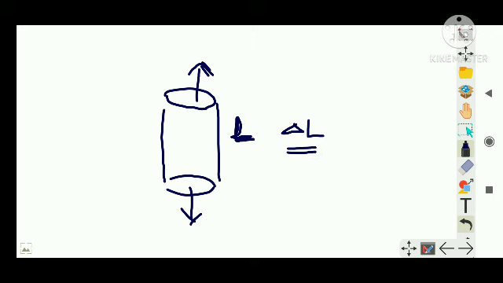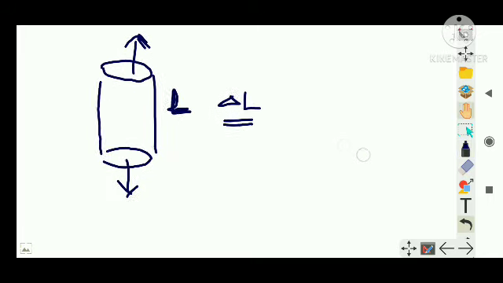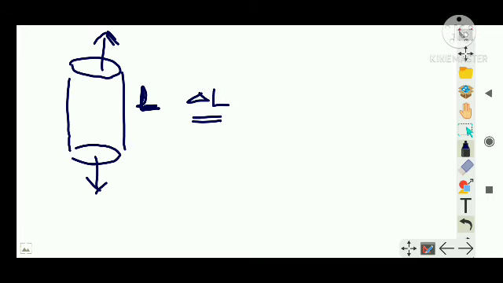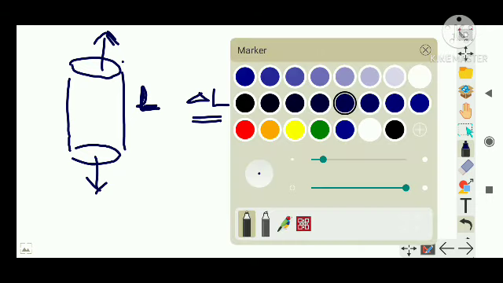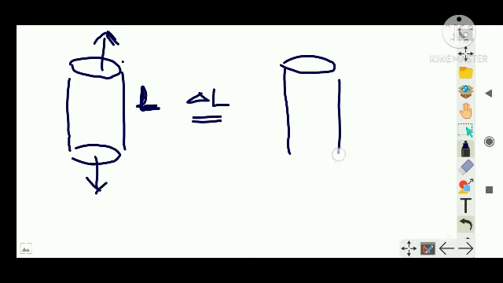If someone asks you what tensile stress means, it is actually longitudinal stress. A cylinder is extended, or I can talk about compression also with the same figure.